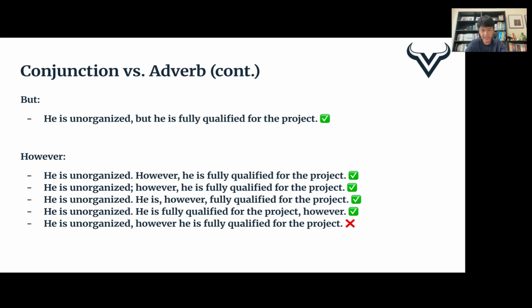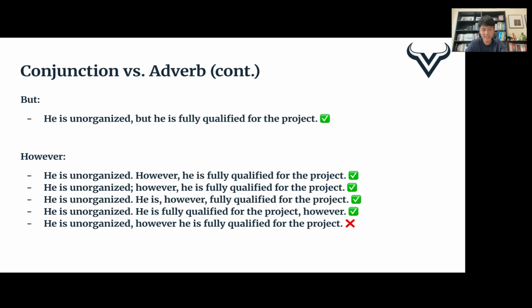However, comma, he is fully qualified for the project. Or you can use a semicolon instead of the full stop. And like mentioned on the previous page, you need to use a semicolon before however, which is the adverb, but a comma after it. You can also move the position of however. You could put it after he is, as it is a modifying word.